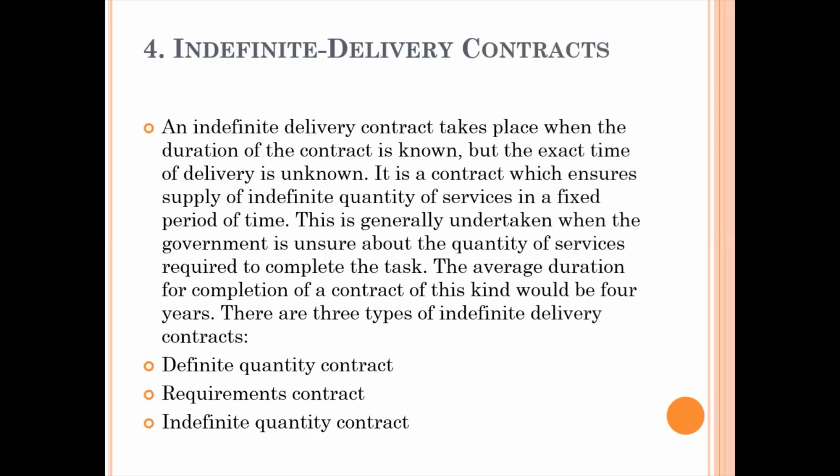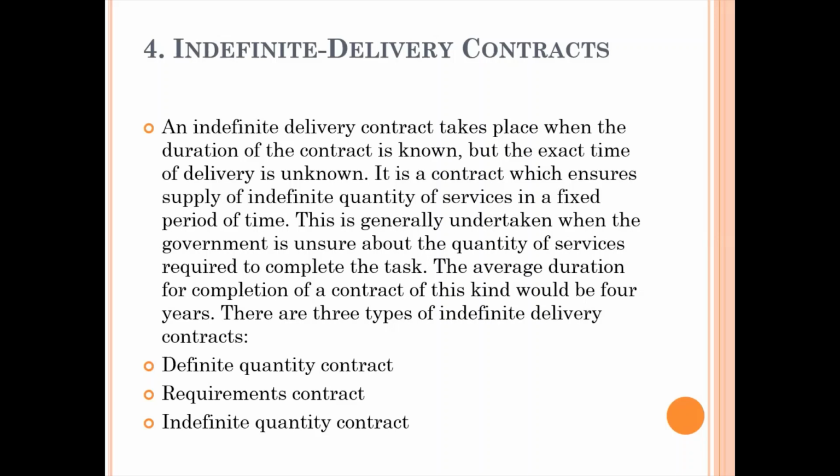The next one is indefinite delivery contracts. An indefinite delivery contract takes place when the duration of the contract is known, but the exact time of delivery is unknown. It means we know that this project will finish within 2 months, but the final finishing time we do not know. These kinds of contracts are known as indefinite delivery contracts.